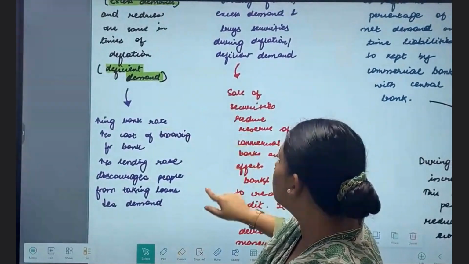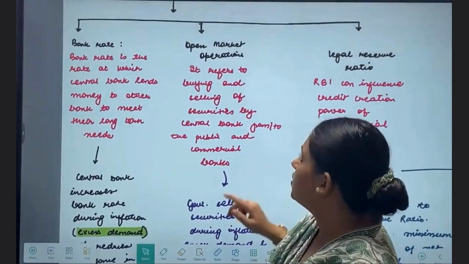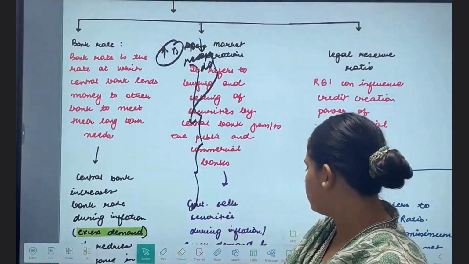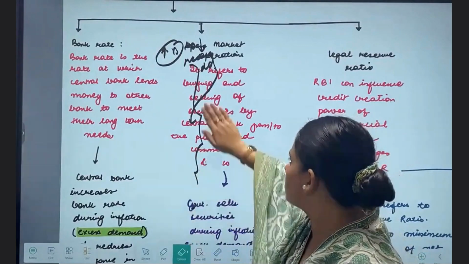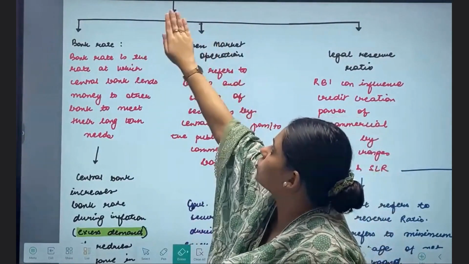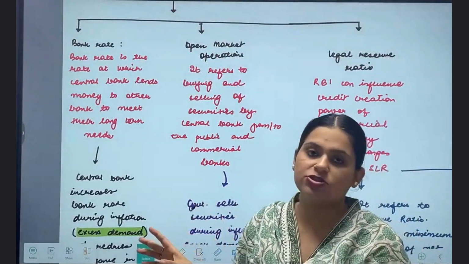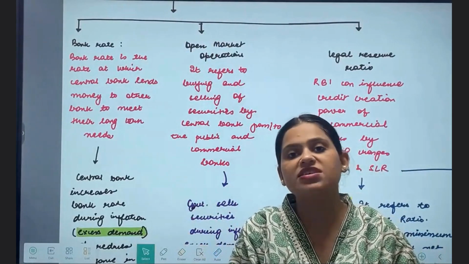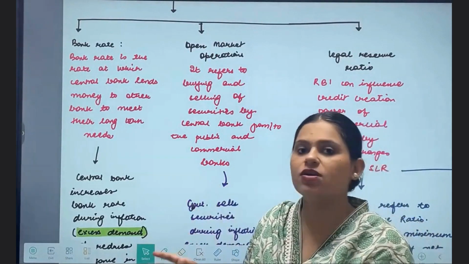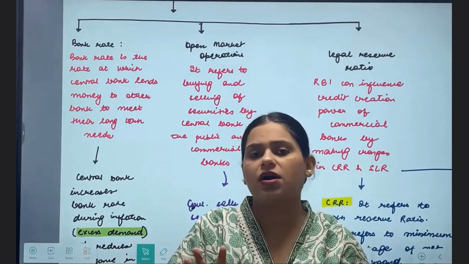We have done this. The second thing I want to highlight related to banks today is called open market operations. So what is an open market operation? An open market operation means buying and selling of securities. So this is another way in which banks can fluctuate the demand in the market.